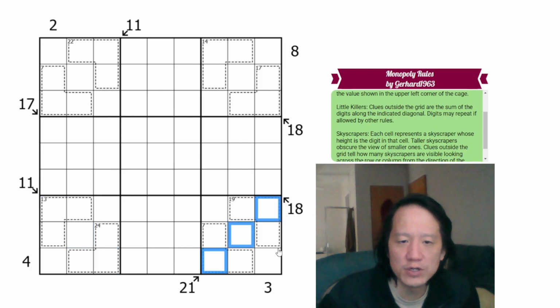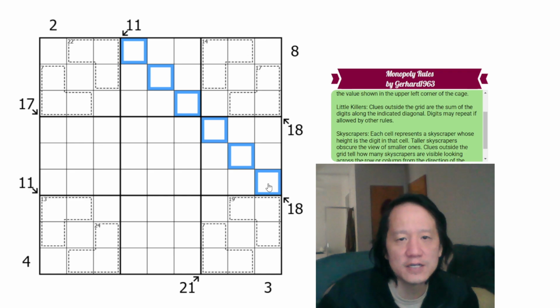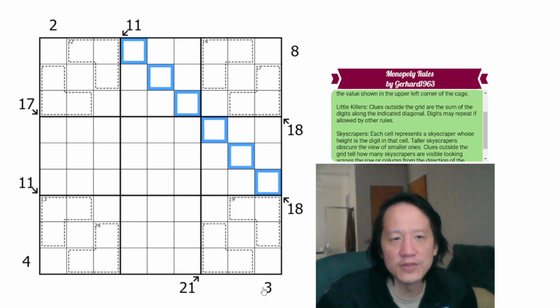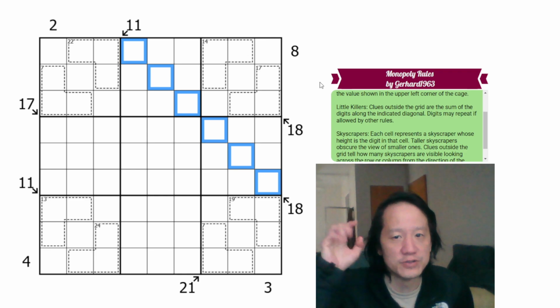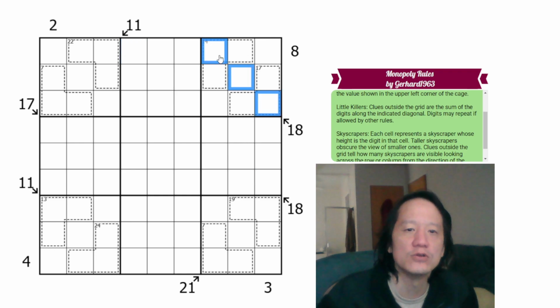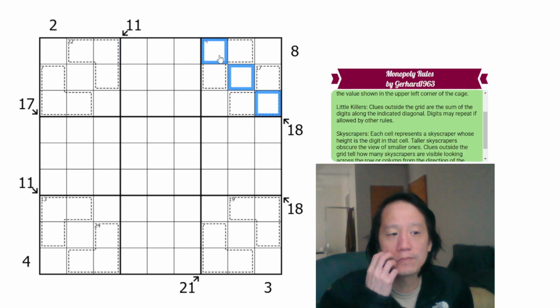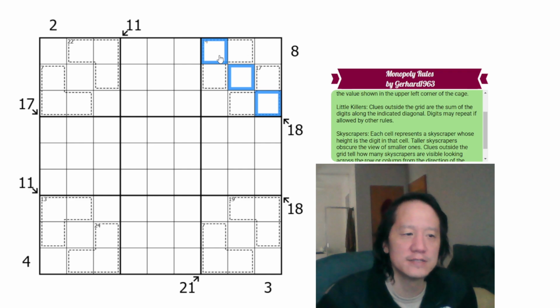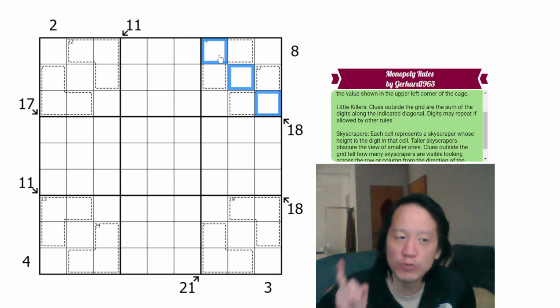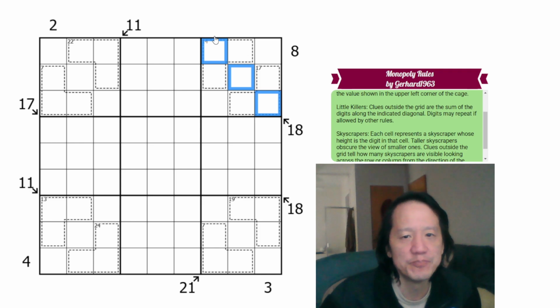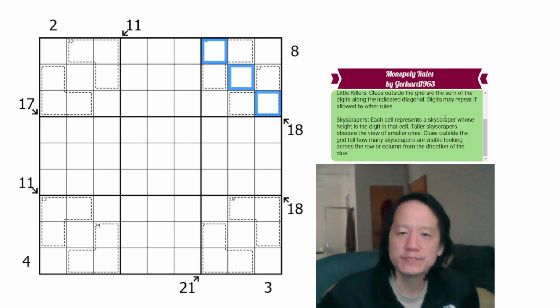These three add up to 21. These 6 that I can get, hopefully, add up to 18, etc. And the digits that do not have an arrow are a different type of clue, so don't worry about those. These are called little killer clues. They act similarly to cages, but again, remember, digits can repeat along the diagonal. And that's how little killers work.